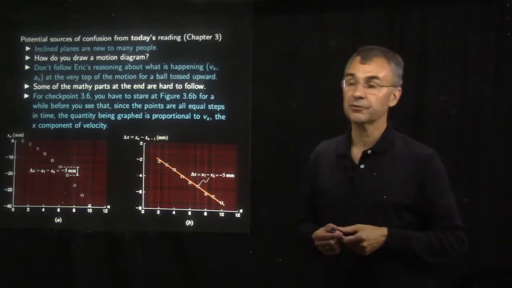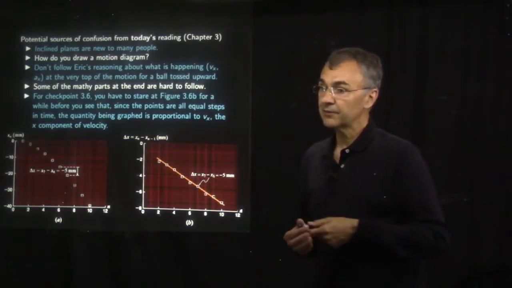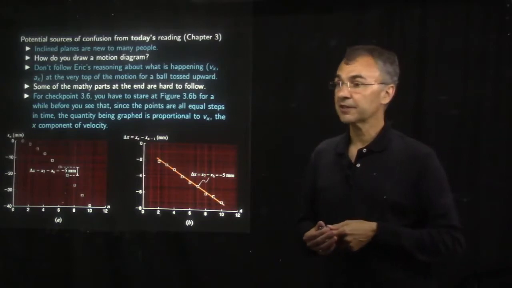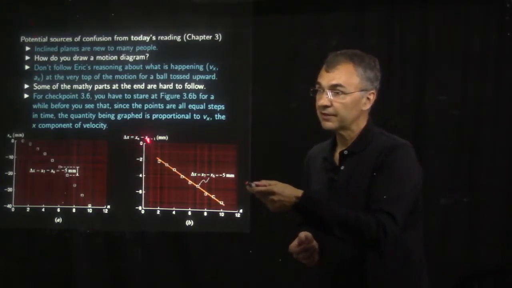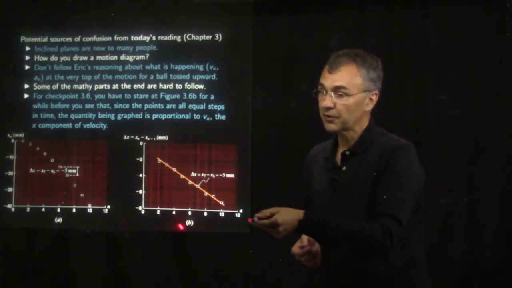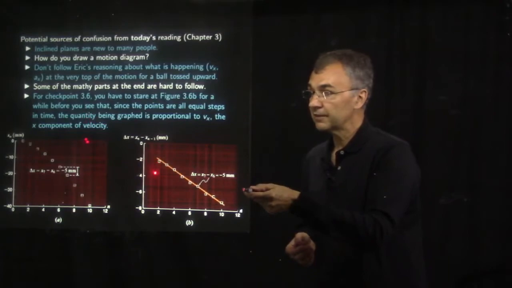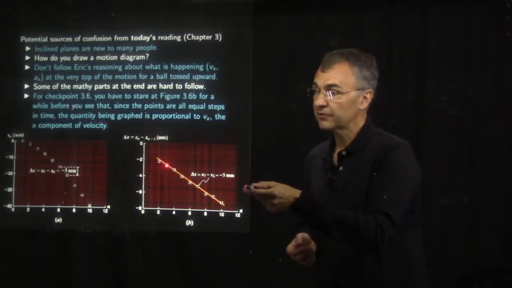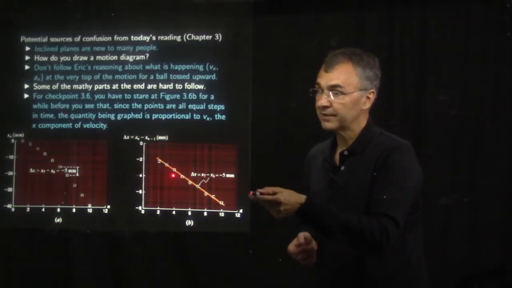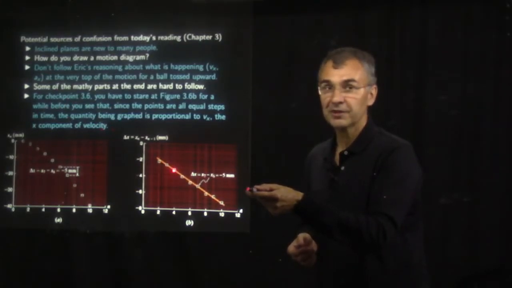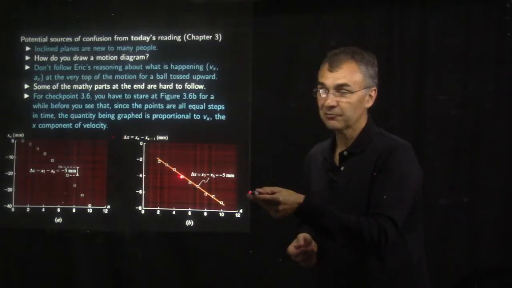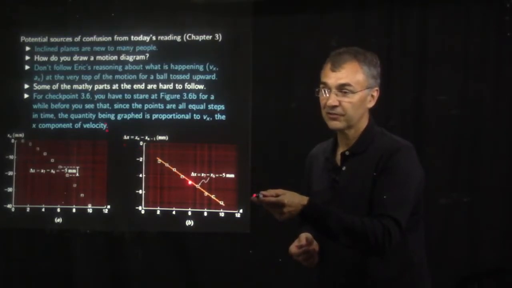So it's like a film strip. And here's this clever trick. In drawing B, what he's drawing here is x2 minus x1, and then this is x3 minus x2, this is x4 minus x3, this is x5 minus x4, x6 minus x5.